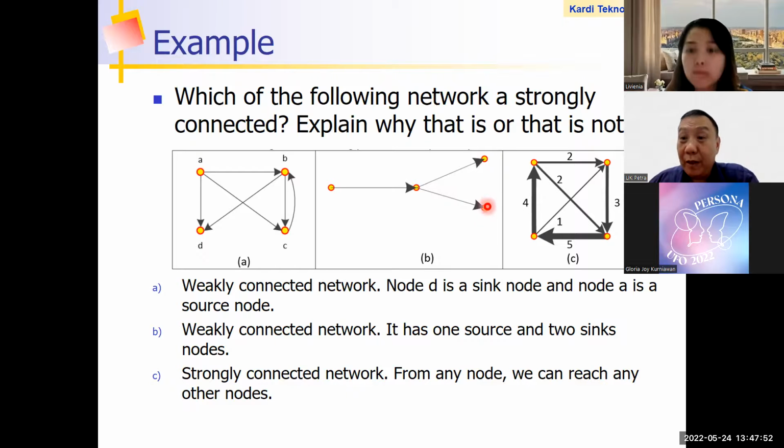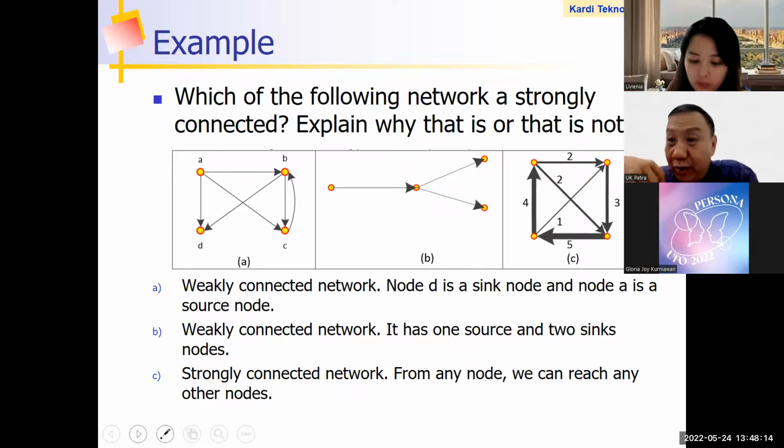That is a weakly connected network. Now, the last network here is a strongly connected network. Why? Because from any node, you can go to any other node, and then you can go back. Is it clear? Weakly connected, strongly connected?